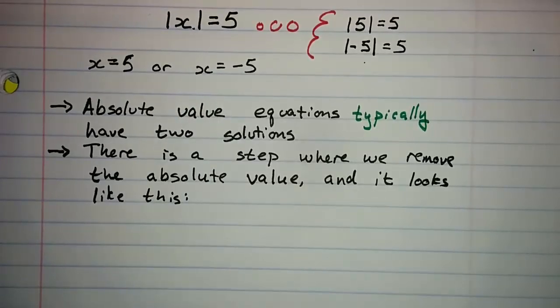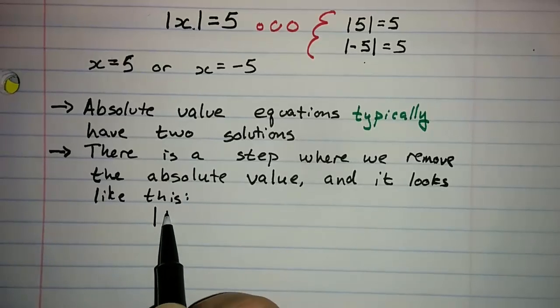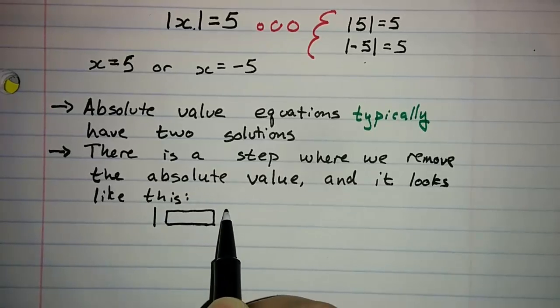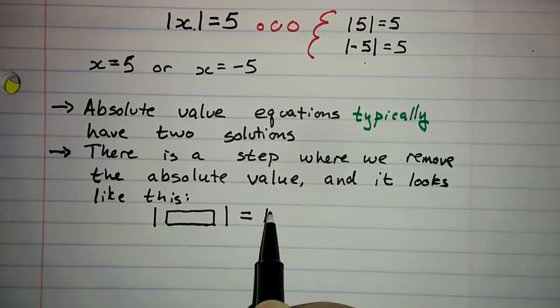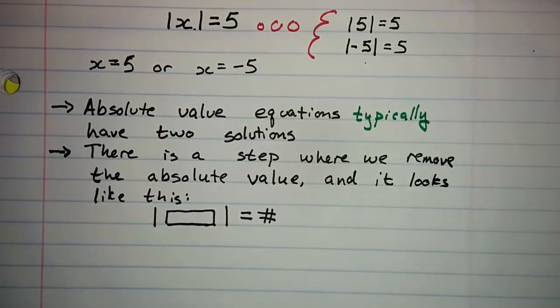In general, the step where we remove the absolute value will look like absolute value of some expression equals a number.